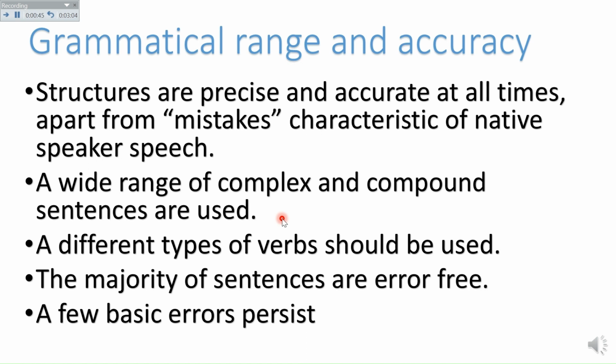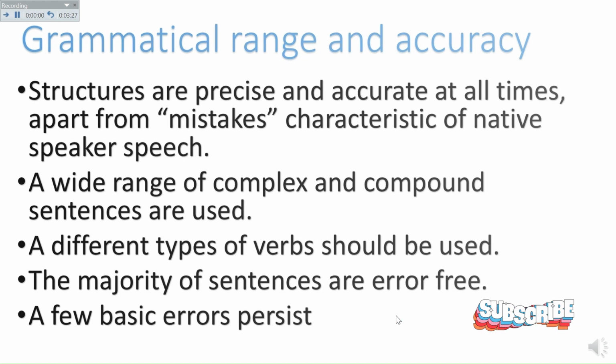Use different types of adverbs like however, therefore, besides. So show your range of grammar. And then different types of verbs should also be used. The majority of sentences are error free. You can have minor sentence mistakes, but the majority of sentences should be error free. So let's move to the next one.